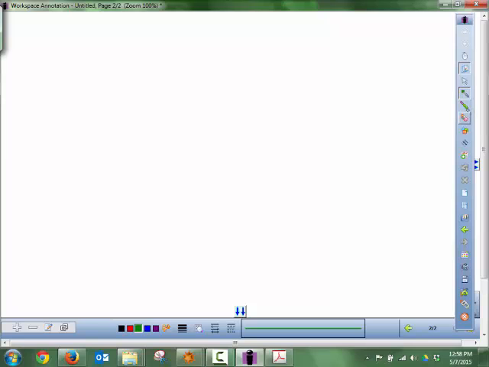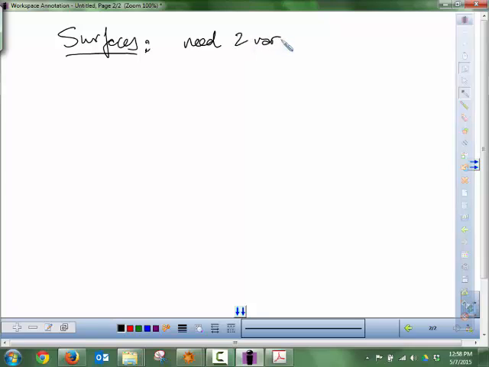So to parameterize a surface, we're going to need two variables. So instead of just having one variable t, we're going to have to introduce another variable. So we can say t and s. It doesn't matter what the letter is, we can use t and s.